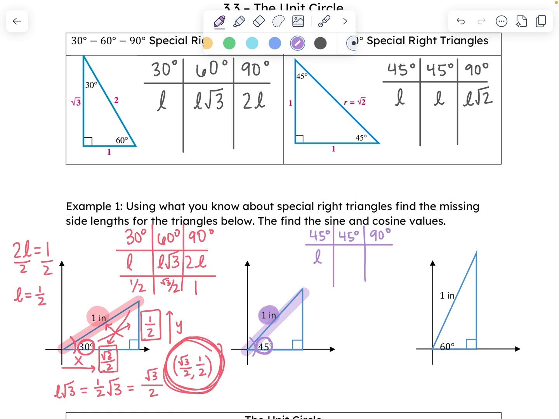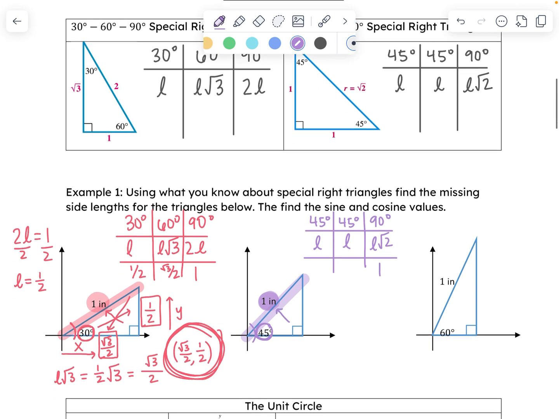So I've got my L, L, L square root of 2, and the side that I know here is the side across from the 90-degree angle. It's 1, which means L square root of 2 is equal to 1. So to get L by itself, I'm going to divide both sides by the square root of 2. So L is equal to 1 over the square root of 2.